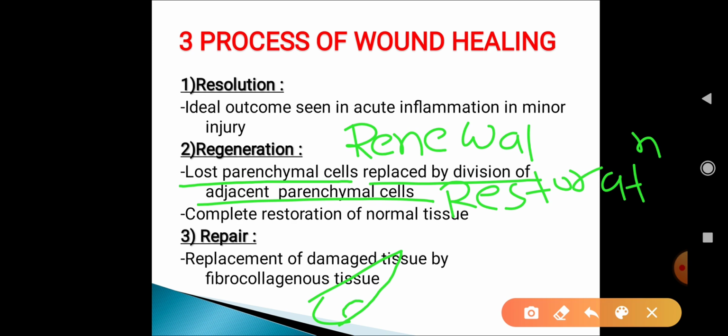Suppose we remove part of the liver, then what happens? We have removed particular parenchymal cells, so the remaining adjacent parenchymal cells will proliferate to compensate for this loss. That is called regeneration, and so there will be complete restoration of the normal tissue.